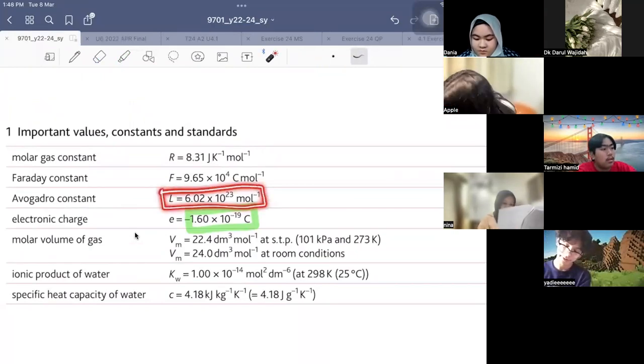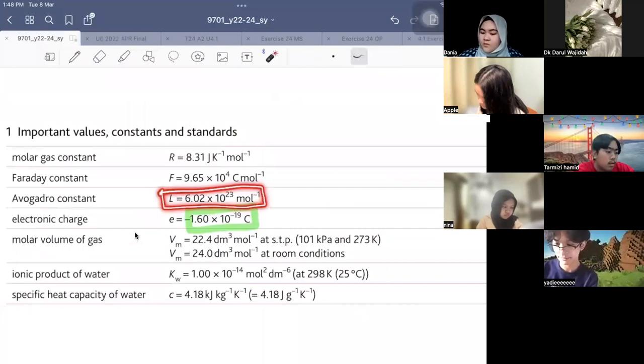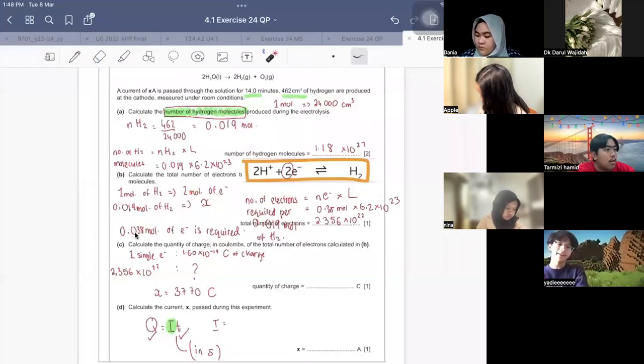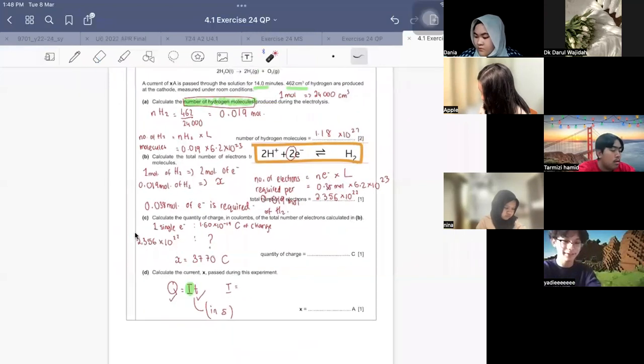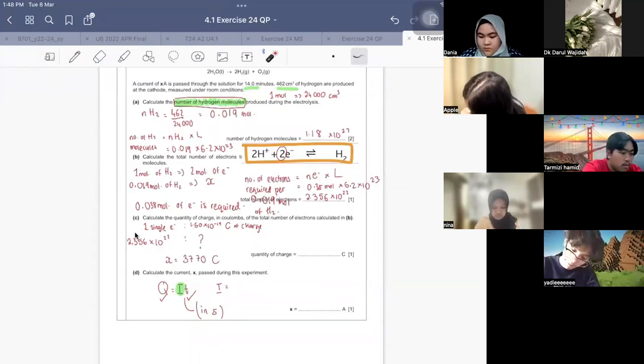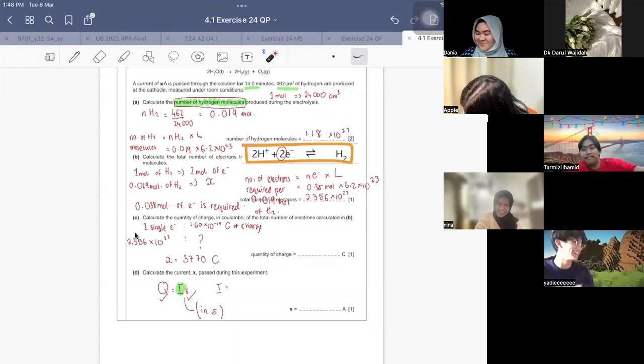I don't want to change my number. If you want to change your number, you can, but the working is still the same. The steps are still the same. So I'm just going to move on using my made up Avogadro's constant. Maybe I should change it. I no longer call it Avogadro's. Maybe I call it Rabi's constant or something, since I made up that number.